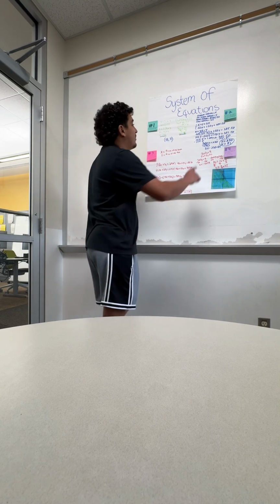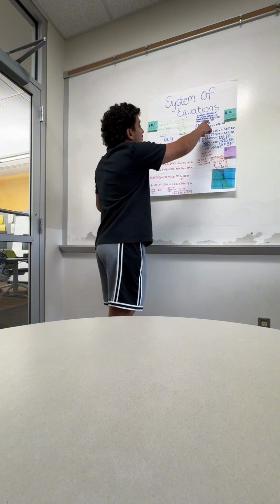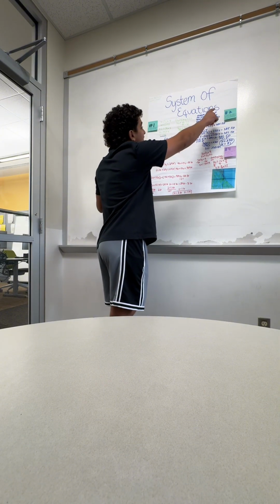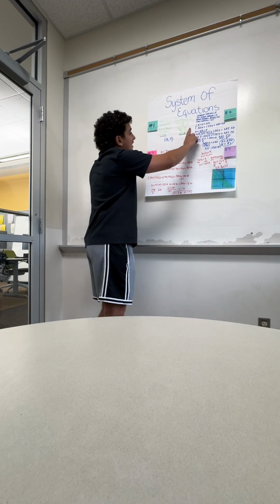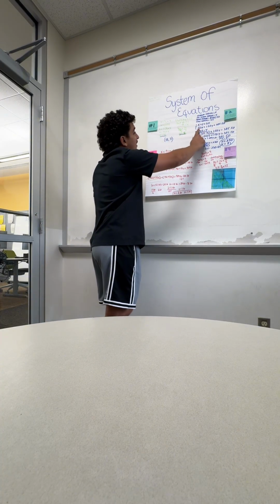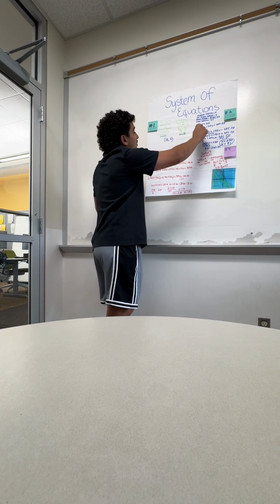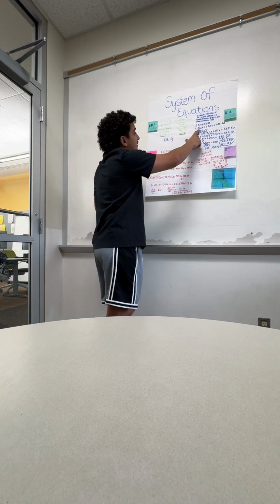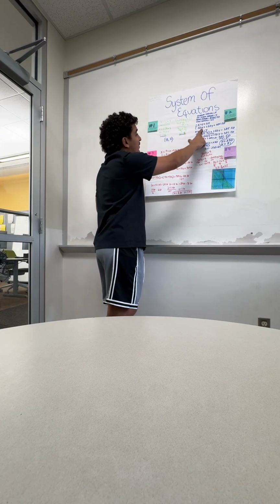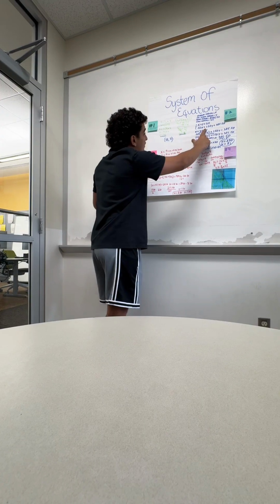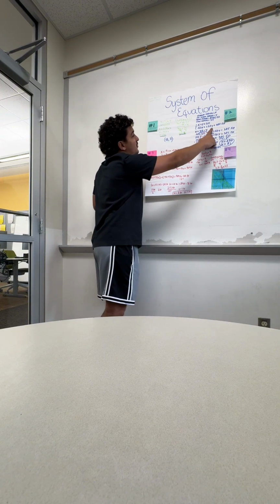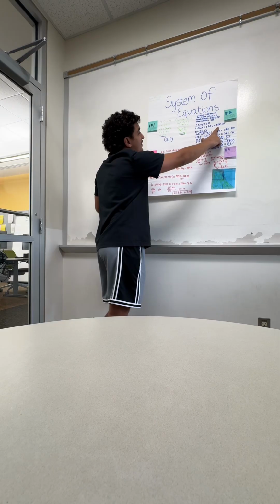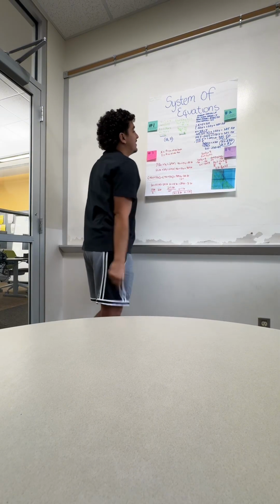So for our first equation, we're gonna do student tickets plus non-student tickets equal total number of tickets. And then for our second equation, we're gonna do the cost of student tickets, which is 50 cents, paired with x, plus the cost of non-student tickets, $1.50, with y equals total receipt $385.50.